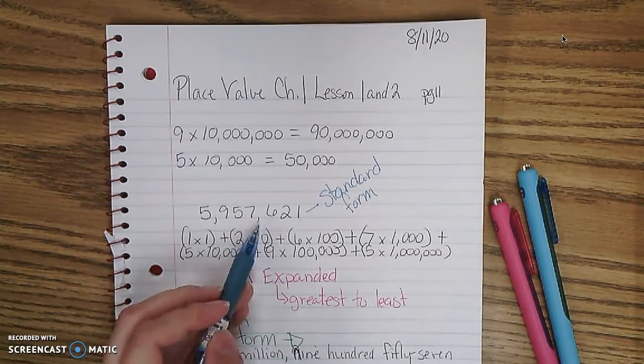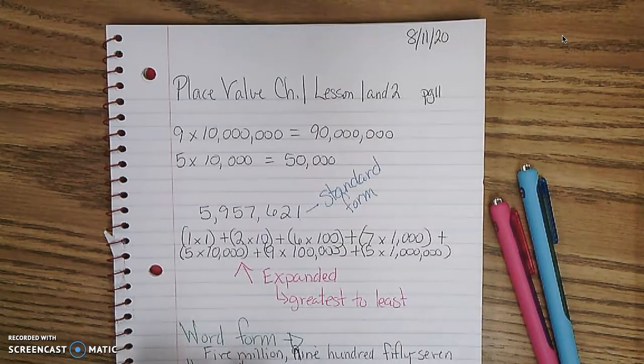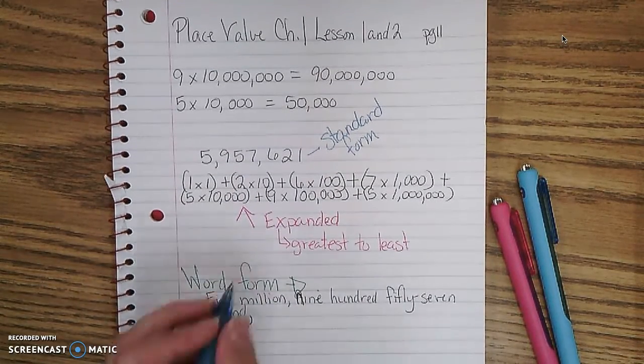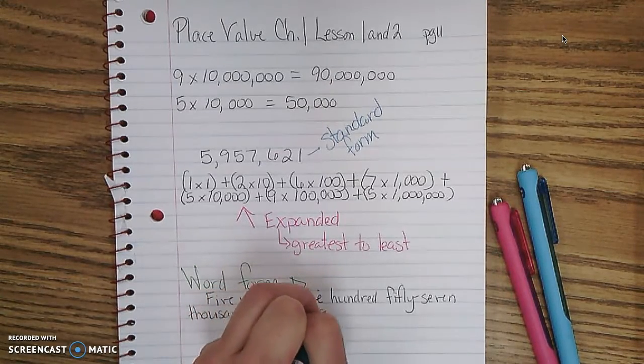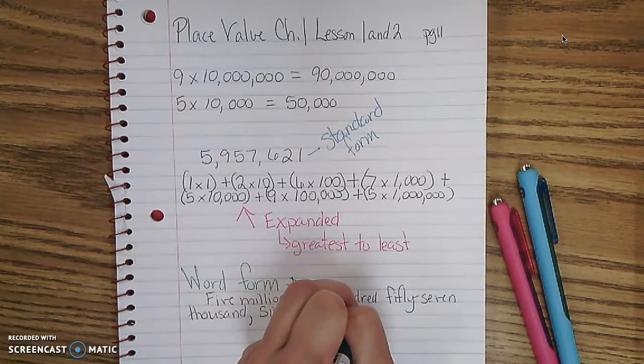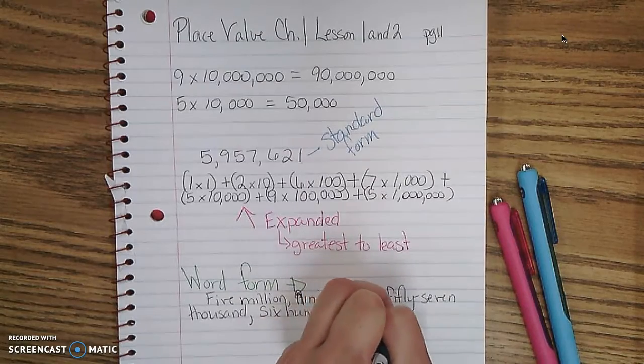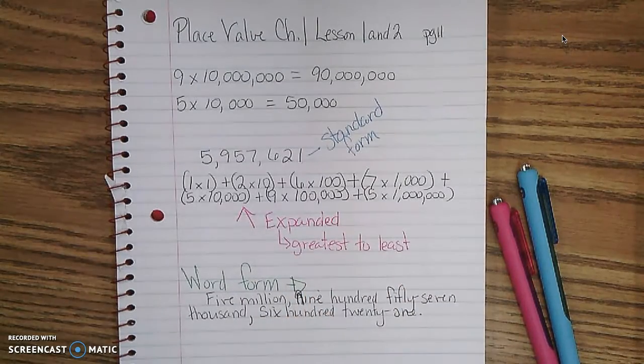If there's a comma in standard form, there's a comma in word form. 621. And that would be word form.